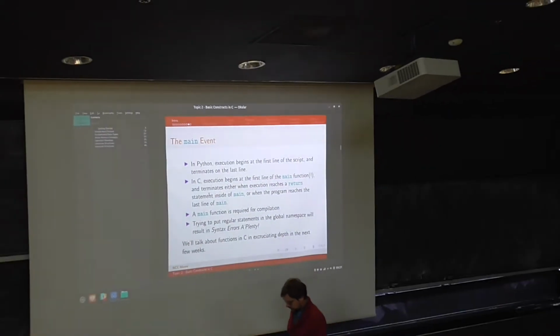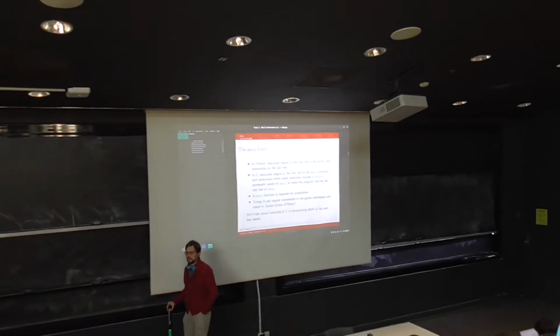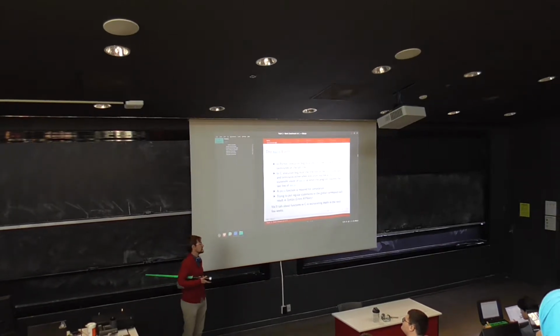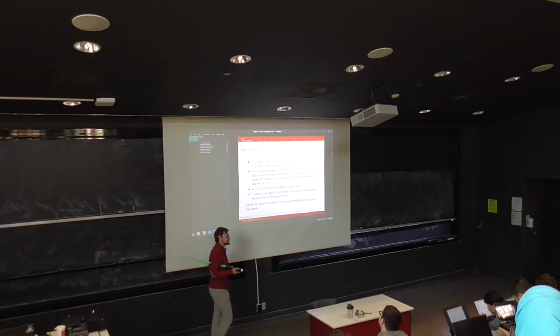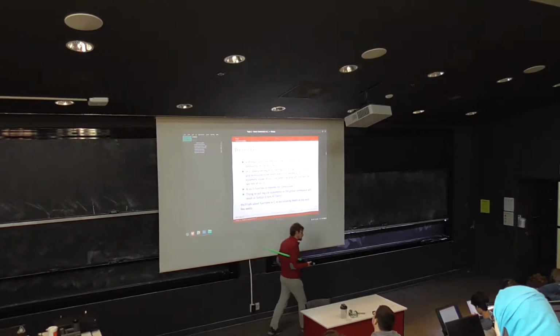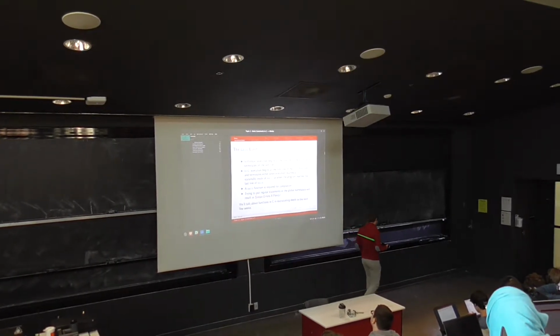So, last time we talked about the manner in which C programs are compiled, and we talked about C programs. We saw some C syntax. We did some basic comparisons of overall C structure to Python.